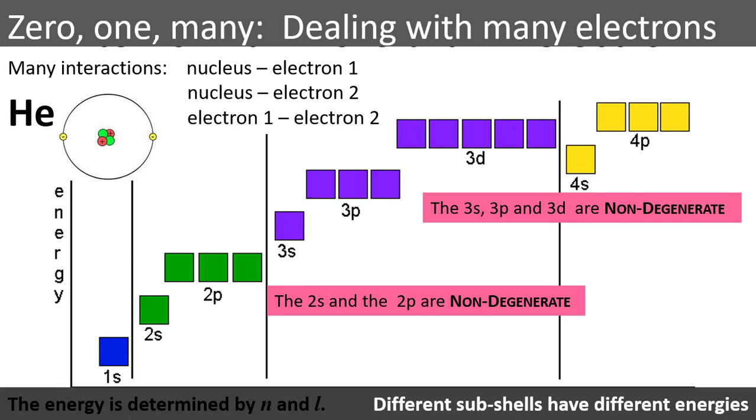The electron-electron interaction, or repulsion, is not the same between an electron in the 1s orbital and an electron in the 2s orbital compared to an electron in the 1s orbital and its interaction with an electron in a 2p orbital. Clearly, the energy of orbitals is dependent upon the number of electrons present in the atom, and this becomes more and more important as we add more and more electrons.